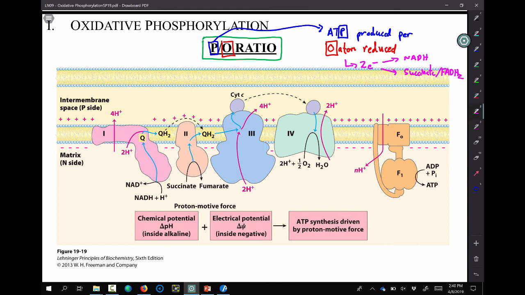So that's a PO ratio: ATP produced per oxygen atom reduced. 2 electrons are required for that. They come from either NADH or succinate.